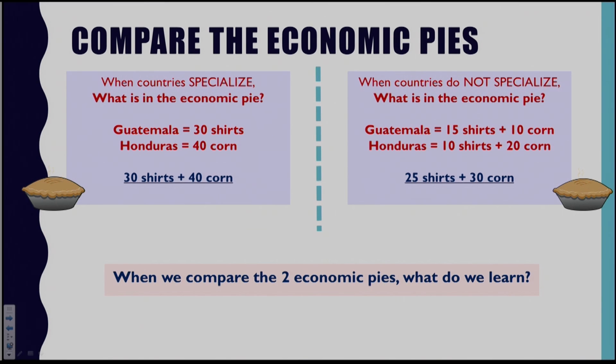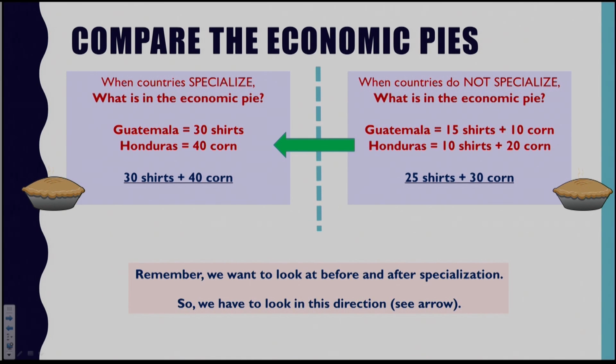On the left, when we're specializing, we have 30 shirts and 40 corn. On the right, when we're not specializing, we have 25 shirts and 30 corn. Now, in the box below, in the peach color, it asks, when we compare the two economic pies, what do we learn? In other words, what's gained, what's foregone? I want to remind you, we want to go from not specializing to specializing, right?